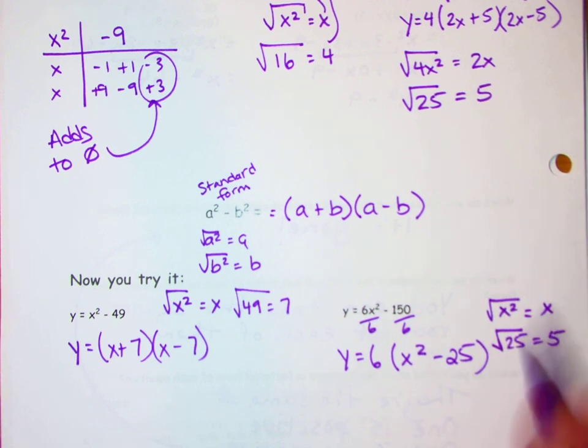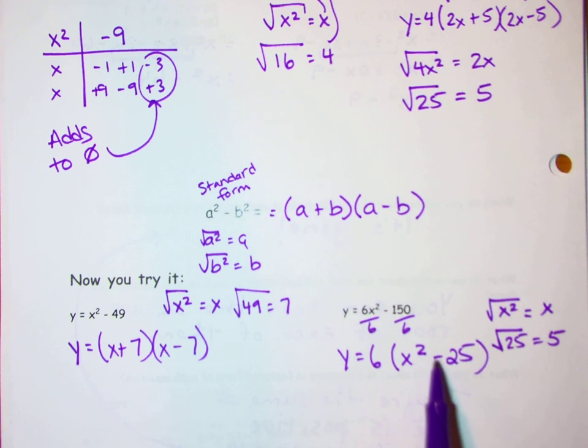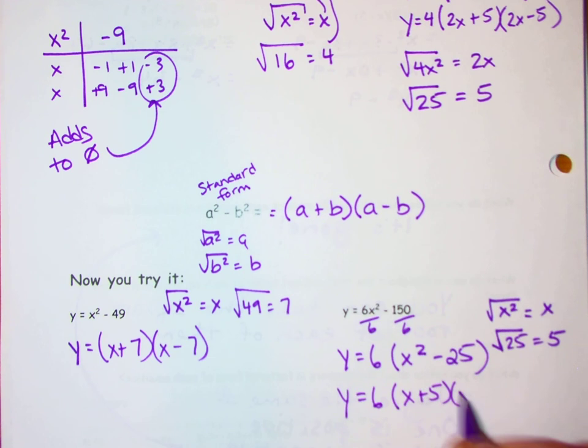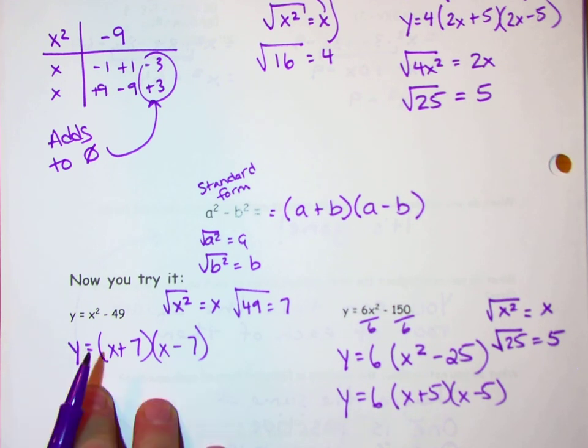So I've got 2 perfect squares and a minus, so that's a difference of squares. Here is how I would write it. Don't forget to put that 6 there, because that's a part of this quadratic function. So that's a difference of squares.